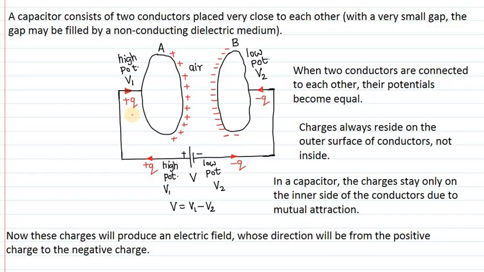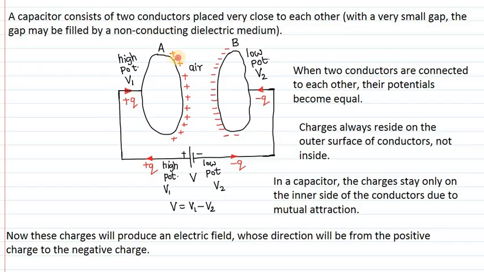So what happens now, after the charges are developed on the conductors, an electric field would be generated. Let's read here. Now these charges will produce an electric field whose direction will be from the positive charge towards the negative charge. We know that whenever there are charges, an electric field would be developed.